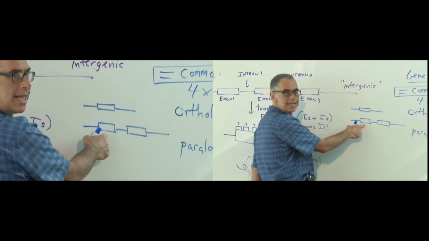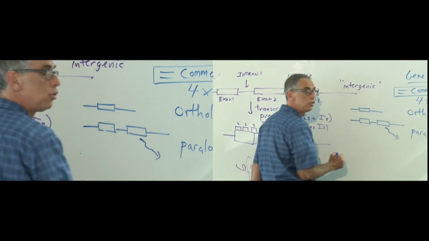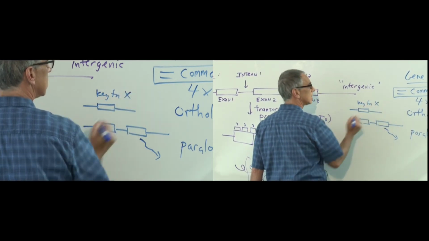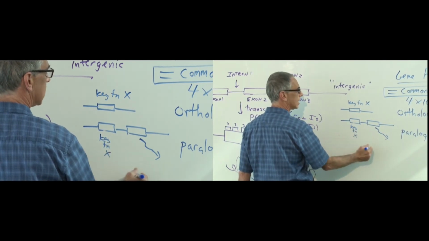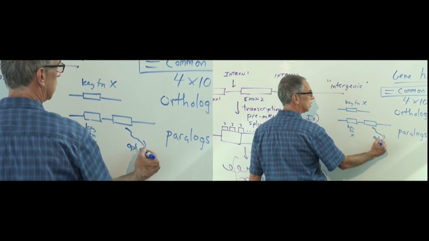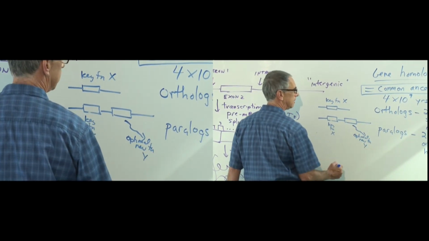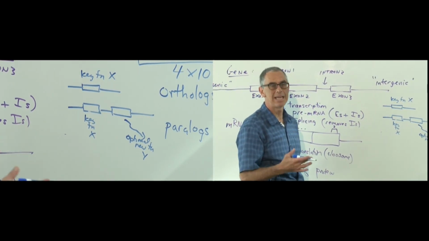Since this guy is taking care of business, if you will, this guy can evolve to do new functions. So this is key function x. This guy will do key function x. This guy can do optional new function y. This has happened in the human genome many, many times.